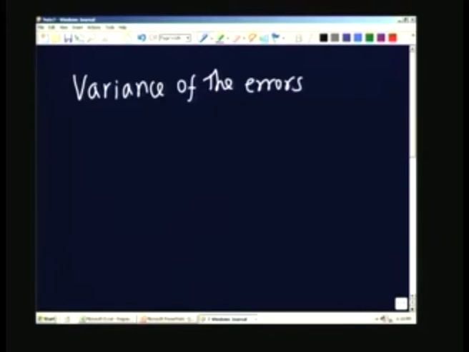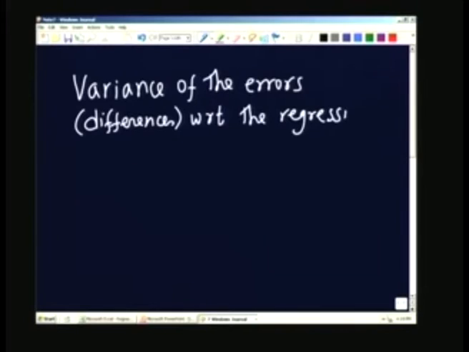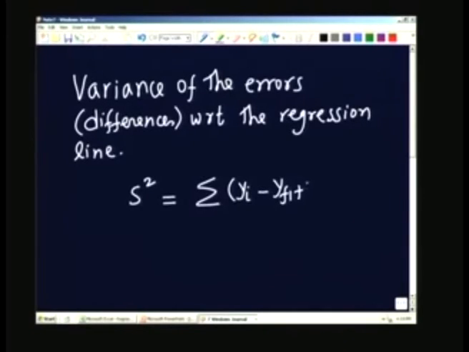or if you want to call them differences with respect to the regression line. It is a very interesting thing to do. So, let us call that S squared, where S squared is the variance of those things. This will be nothing but sigma of y_i minus y fit whole squared divided by n.